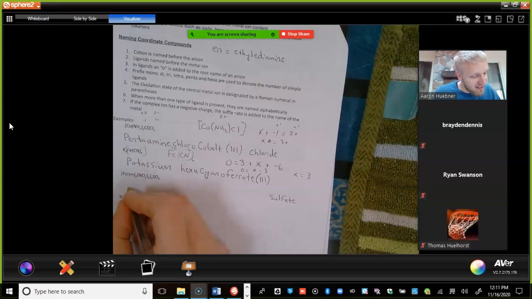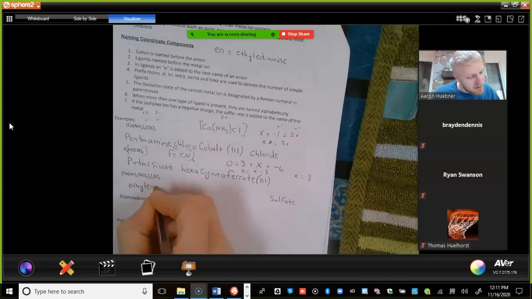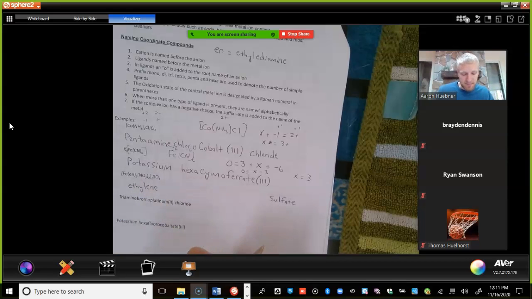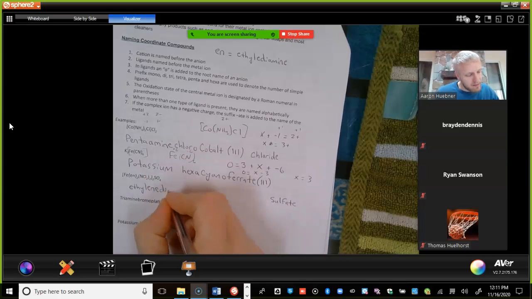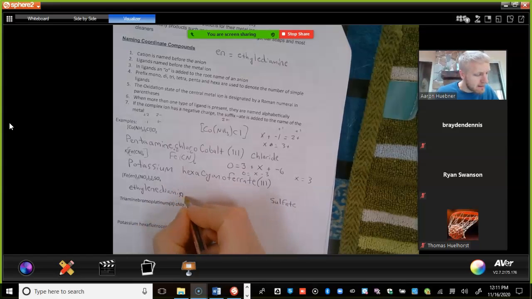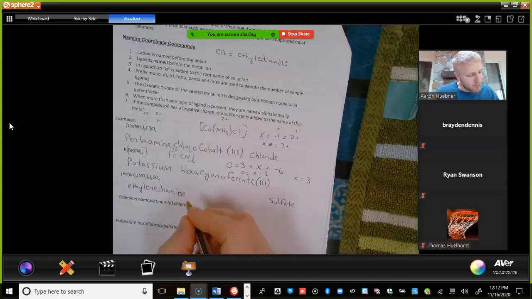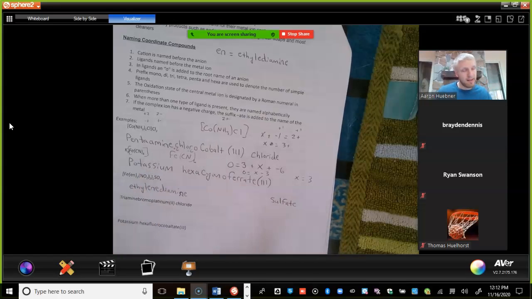So we're going to do ethylene diamine. And that's what En is. Diamine, that's an N. And then we got to do dinitro. Why? Because, taking a step back, NO2 is nitrite.